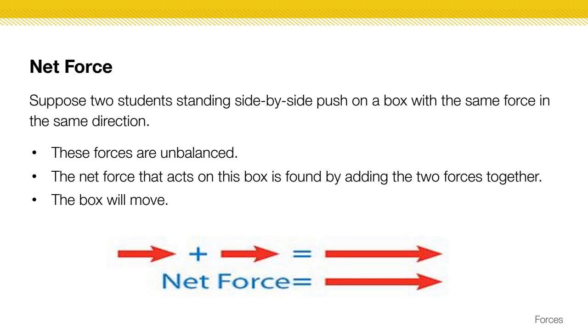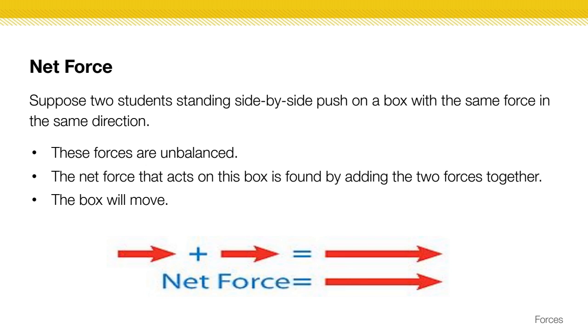And that's where we get the idea of net force. So, net force is basically the overall force acting on something. So, for example, let's say you had two students standing side by side. And let's say that the students are about the same height, about the same weight, and had the same force that they were exerting, right? Both of them are pushing the box in the same direction, standing next to each other, pushing it.